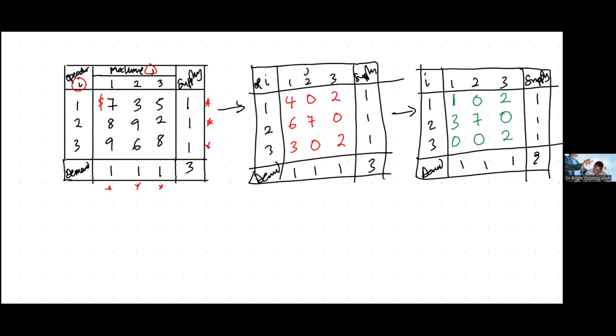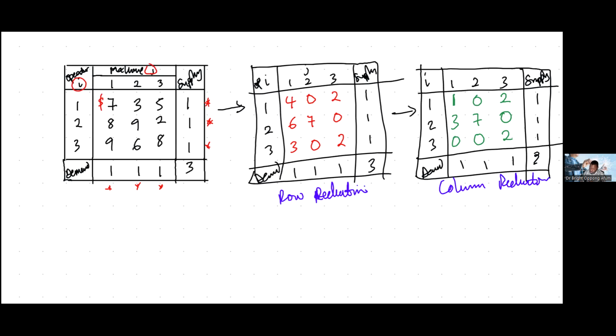All right, so we've done our row reduction, and we've also done our column reduction. What the Hungarian method says is that at this point, we cancel the zeros out. So we'll start from the number of zeros.